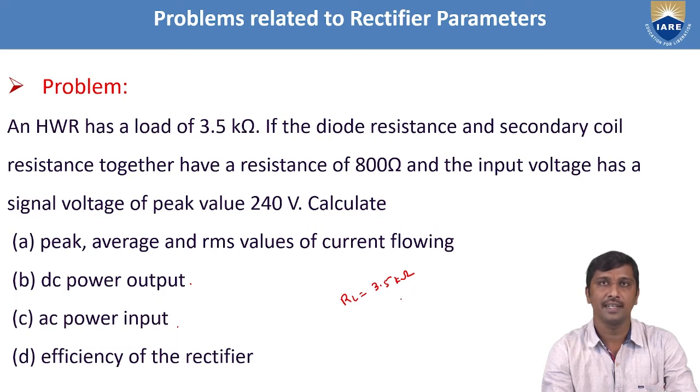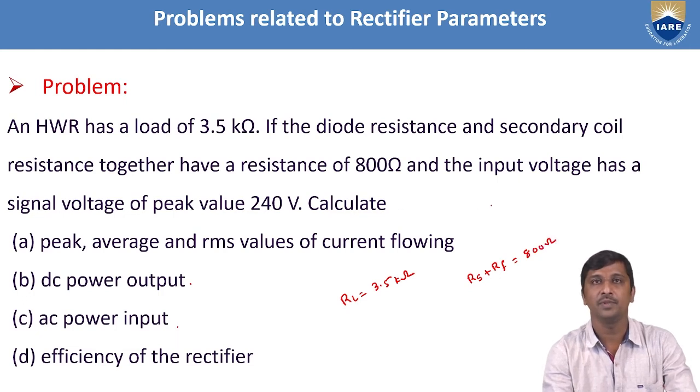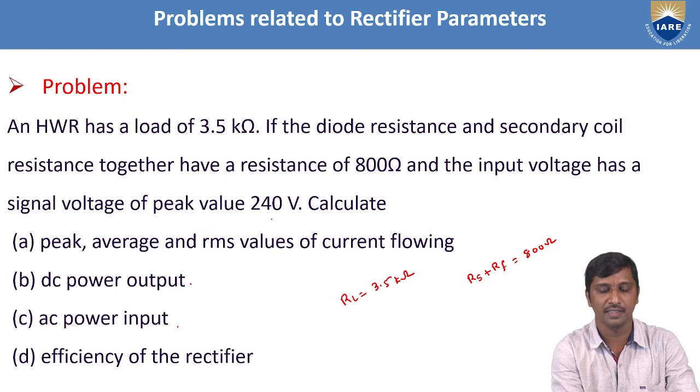So here we consider the secondary coil resistance together with the diode resistance, that is RS plus RF, and they have given that this resistance is 800 ohms. And the input voltage peak value is 240 volts.